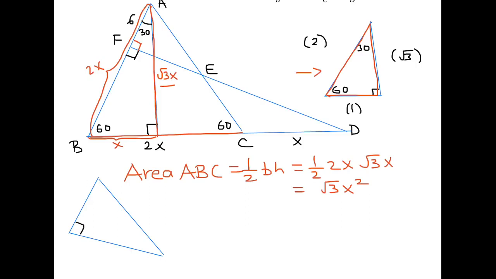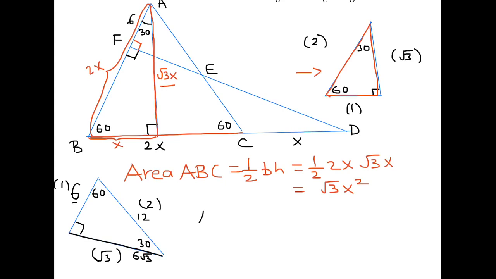So this is 90, this is 6, this is 60 degrees, and this is 30 degrees. So very similar. The ratio of the sides is 1, 2, root 3. And therefore, if this is 6, then this is 12. And therefore, this is going to be 6 root 3, the length of this side.